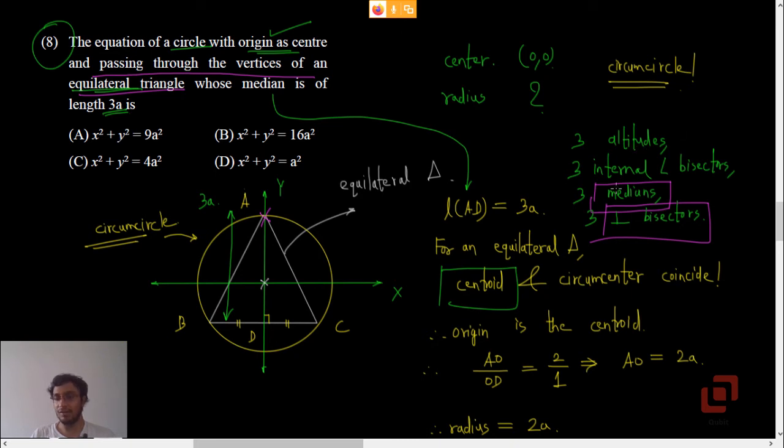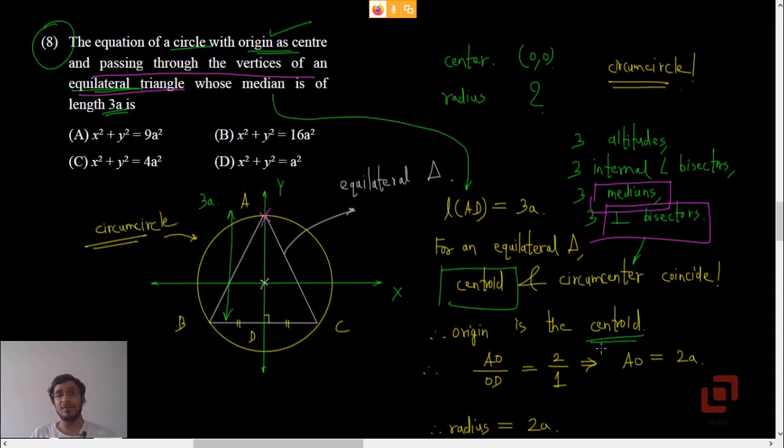Altitudes meet at the orthocenter, internal angle bisectors meet at the incenter, medians meet at the centroid, and perpendicular bisectors meet at the circumcenter. So if it is an equilateral triangle, centroid, circumcenter, incenter and orthocenter, all of them coincide. Yes, so the origin will serve now as the centroid of the triangle.